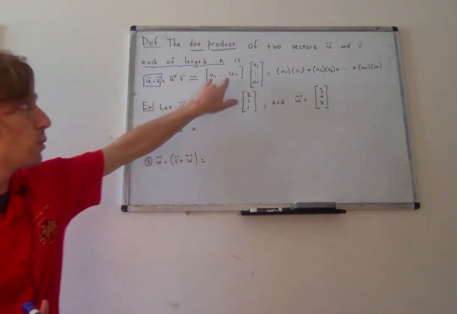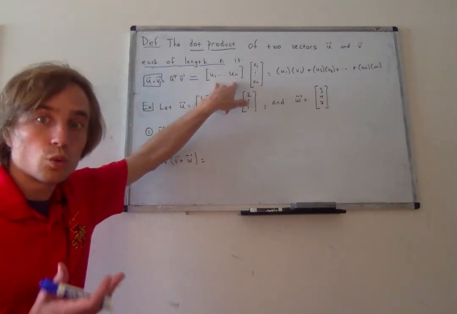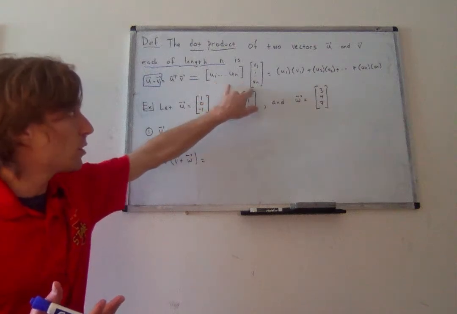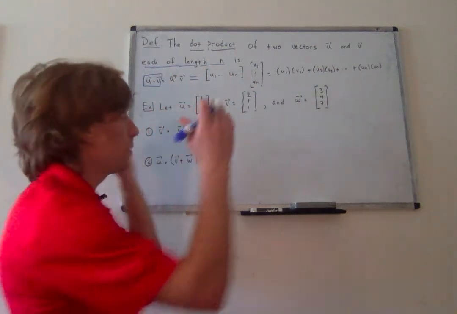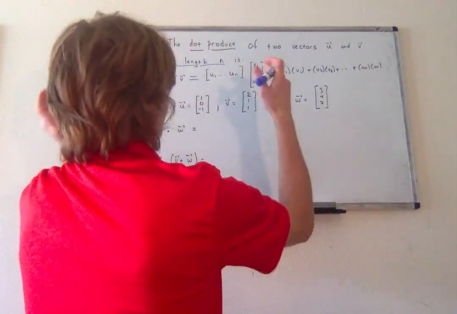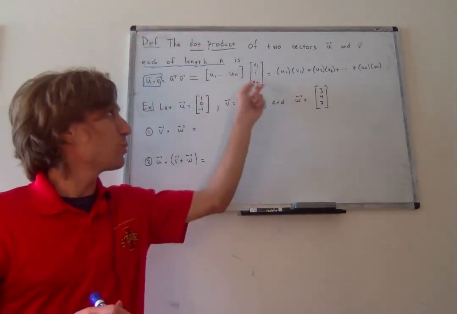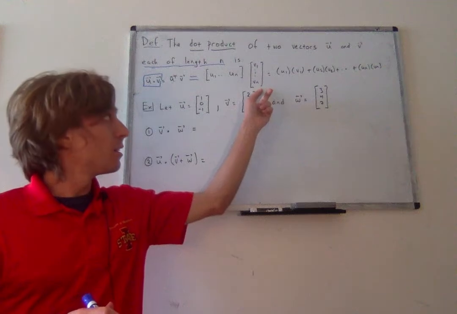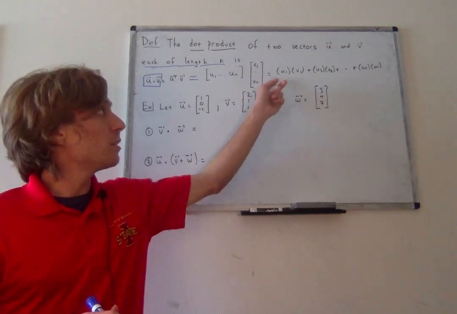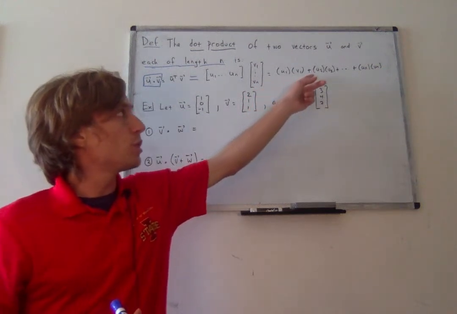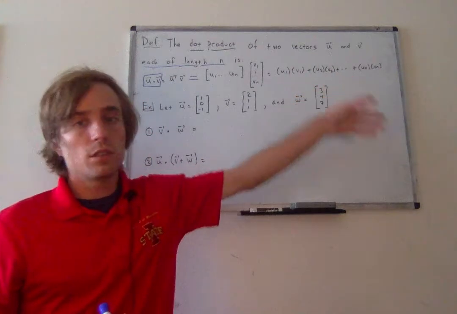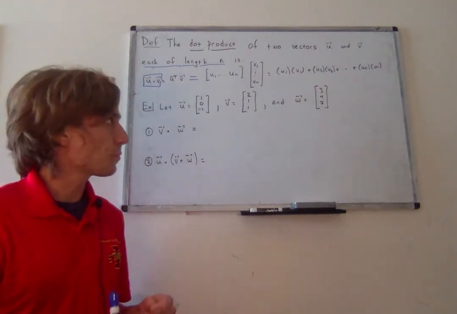Because notice the transpose of a vector is just a matrix with a single row, right? And so now this product is just one iteration of the matrix multiplication dance, which turns out to just be u1 times v1 plus u2 times v2 plus un times vn.